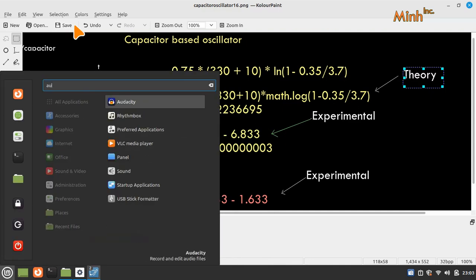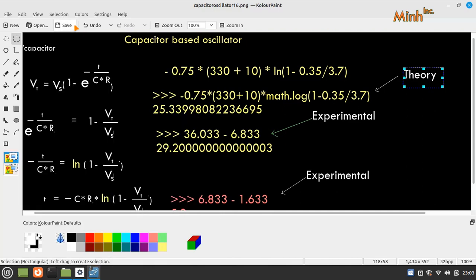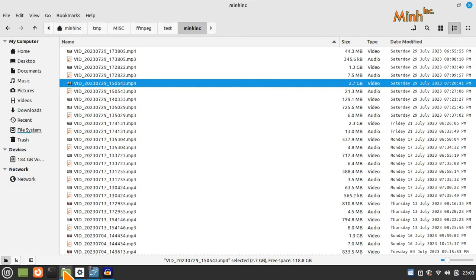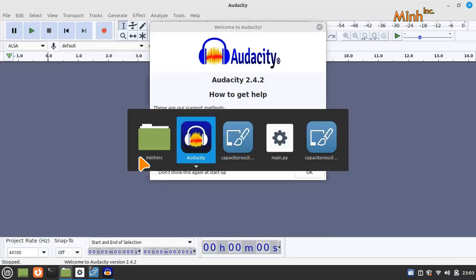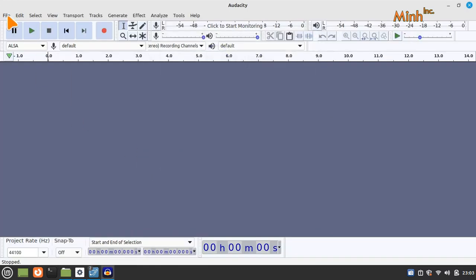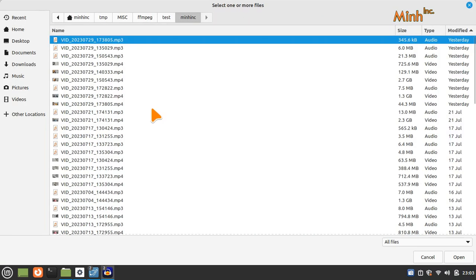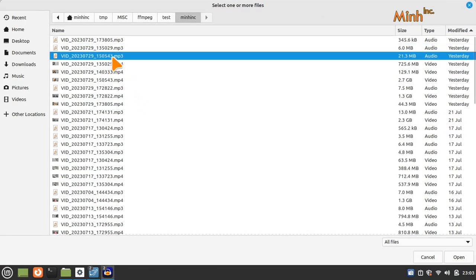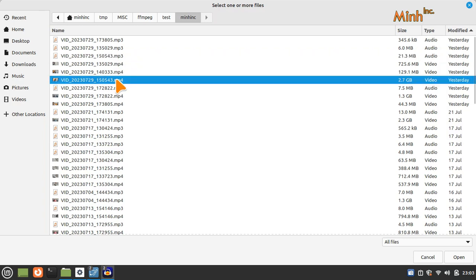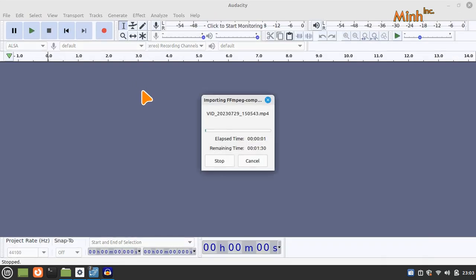Okay, we can go with Audacity also to see the actual waveforms. It will take some time to load.